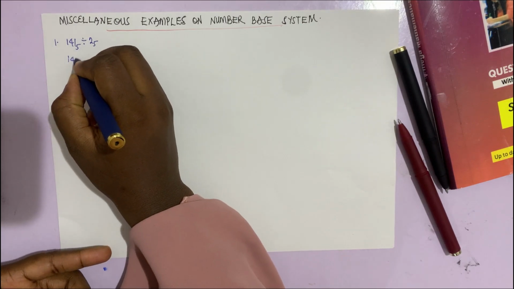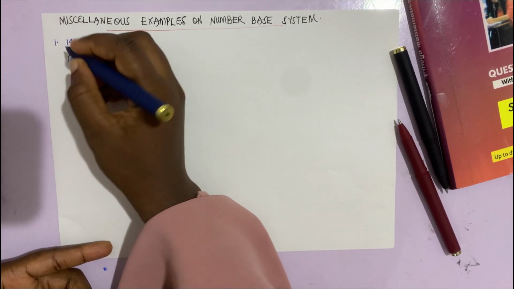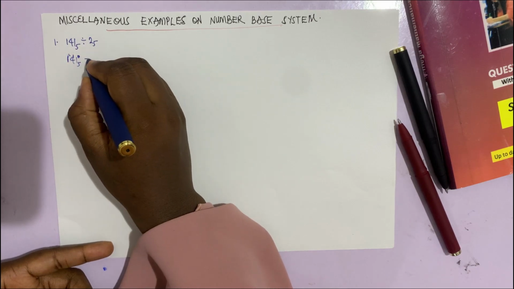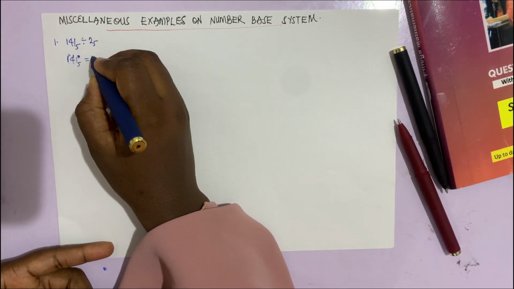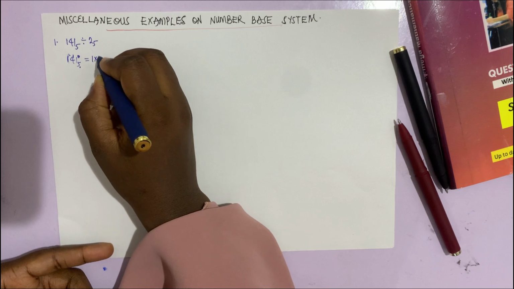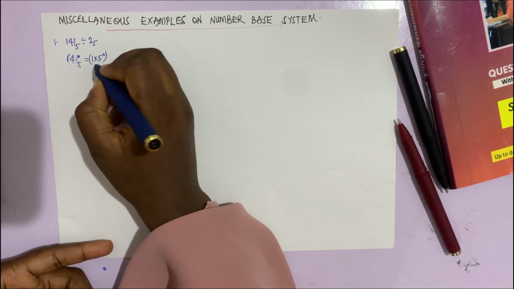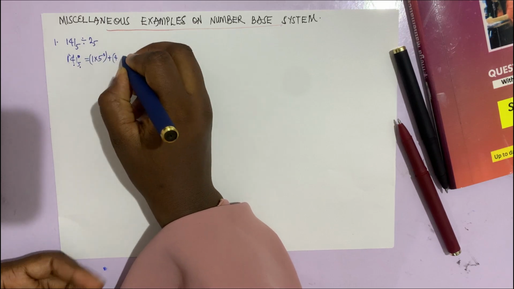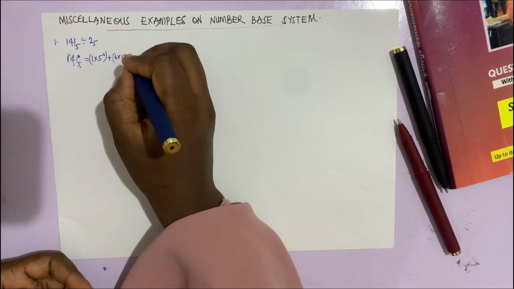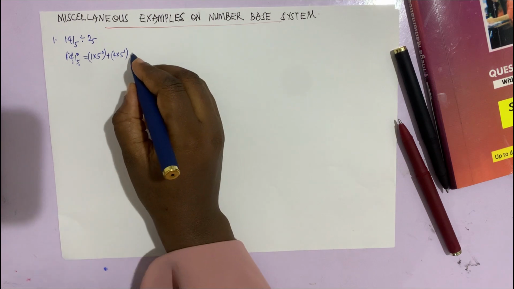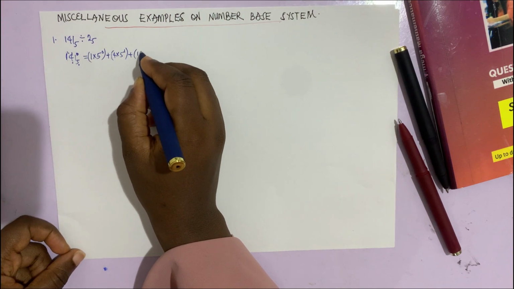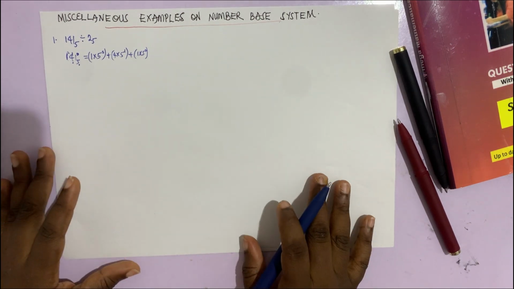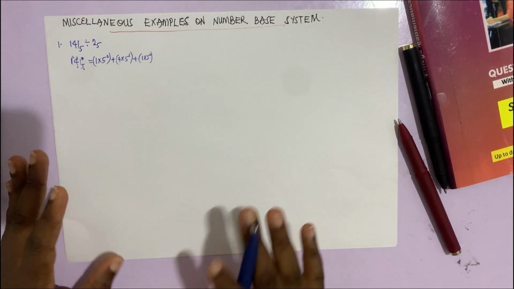So 141 base 5, remember 0, 1, 2 as the index, and then do 1 times the base 5 to the power of 2, plus 4, which is the next digit, times 5 to the power of 1, plus 1 times 5 to the power of 0. If you do not understand this, check my video that talks about conversion of numbers from one base to base 10.